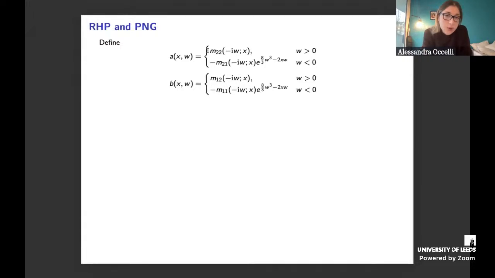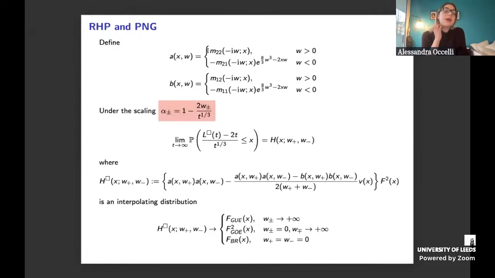And also we want to study the distribution of the PNG model with external sources for different values of alpha plus and minus. But still we want to see what happens around 1, which is the interesting case. So we define the scaling for alpha plus and minus in the following way. We have 1 minus 2w plus minus, which will be the parameter that will appear in the limit, divided by the cube root of t.